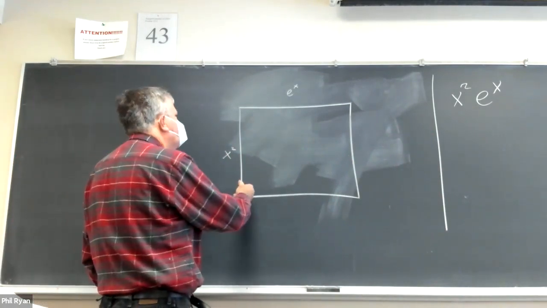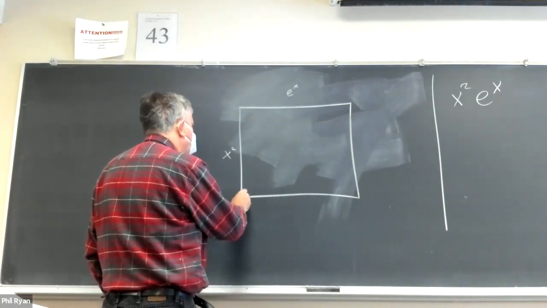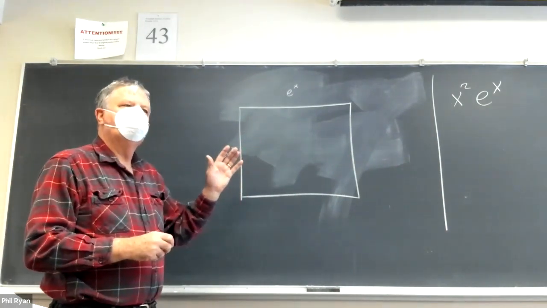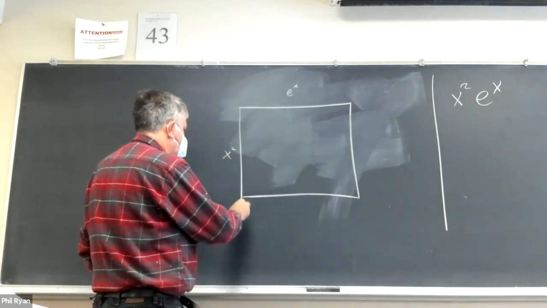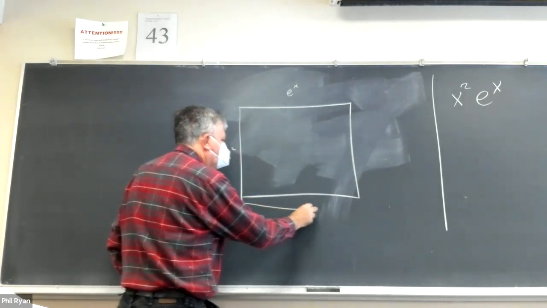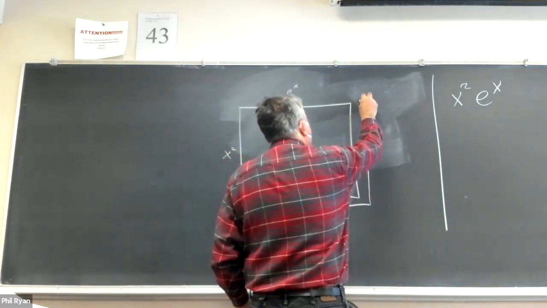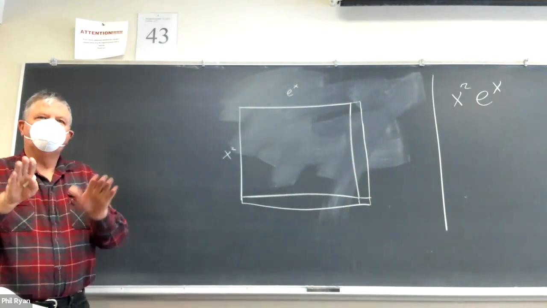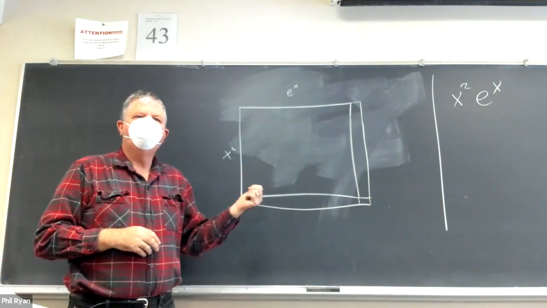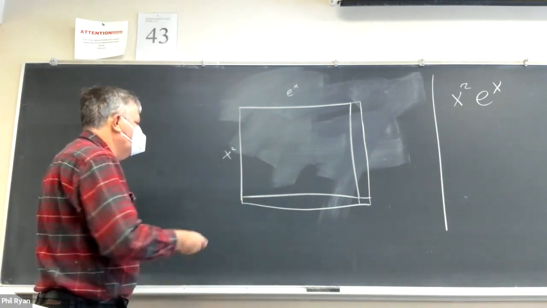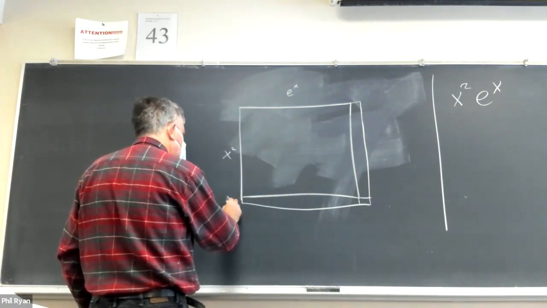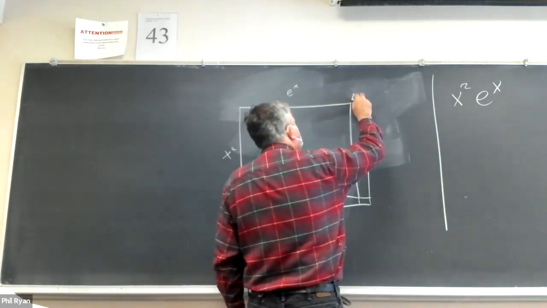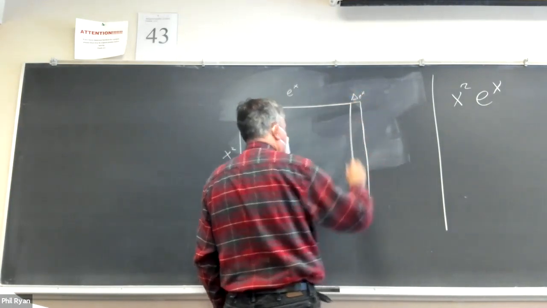Well, let's say now we're interested in how this thing changes. So let's change the rectangle. If the sides are changing, we can see how the area is changing, right? So what is this? Well, this is the change in x squared. This is the change in e to the x.